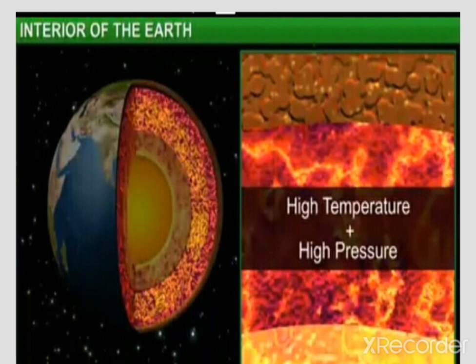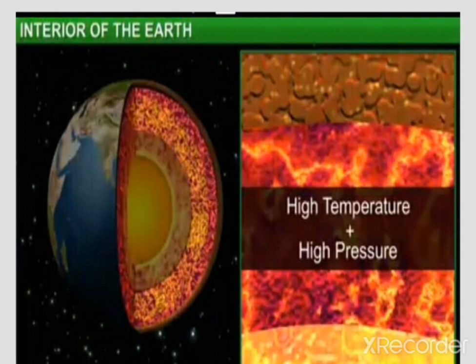Understood? And also we have discussed that this layer begins from the earth's surface at around 42 kilometer, and at the depth of 2400 kilometer to 2900 kilometer, the temperature is located around 2200 degrees Celsius to 2500 degrees Celsius.